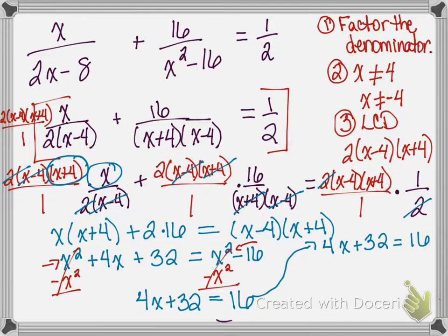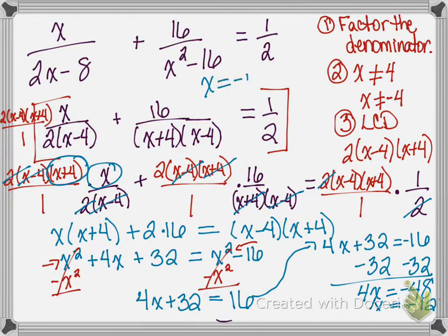Okay. Subtract 32 from both sides. 4x equals negative 48. Okay, when I divide both sides by 4, I get x equals negative 12. Okay, so x equals negative 12 is the answer to this.